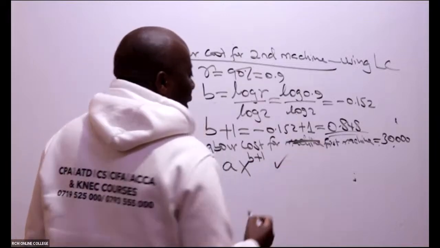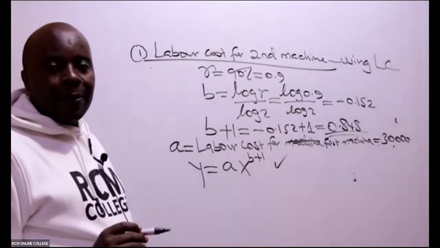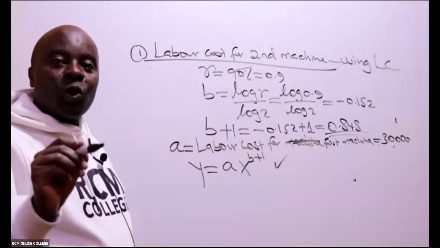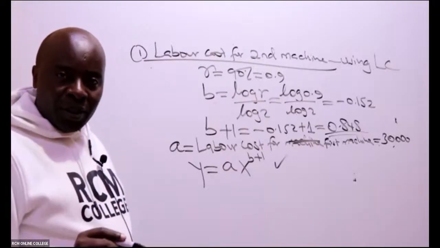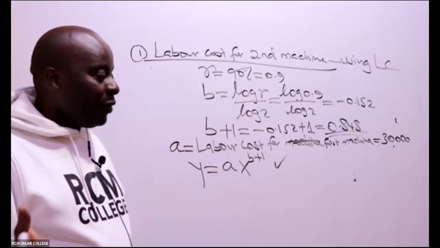Writing this formula will give you a mark, even half a mark. I've marked this paper for long, and I know students don't get much, so if you get a mark here and there, you'll pass very easily.